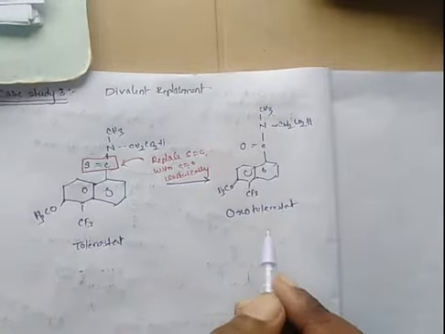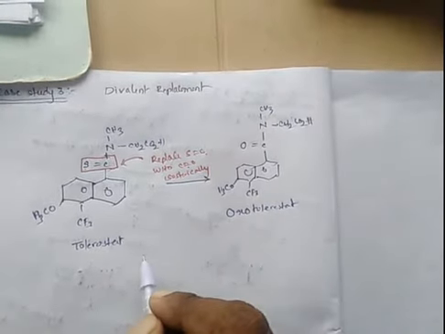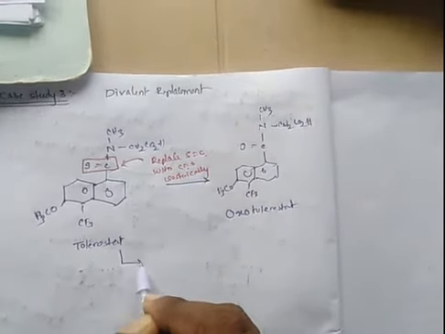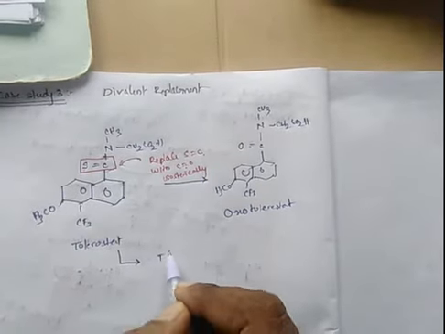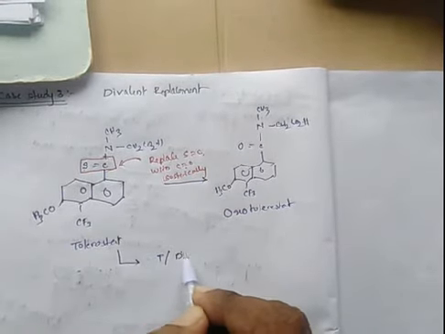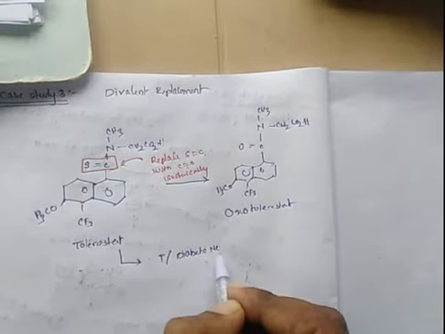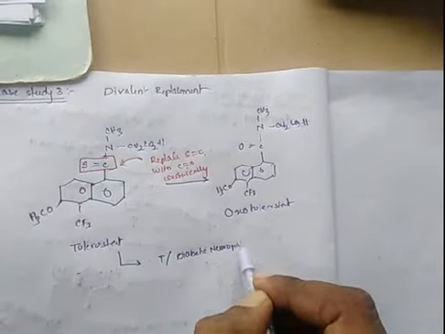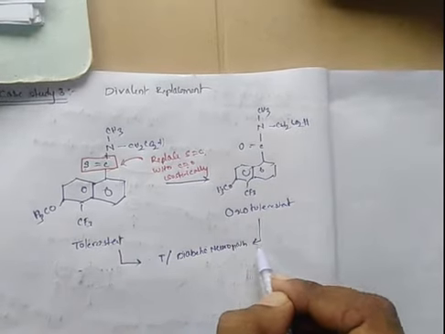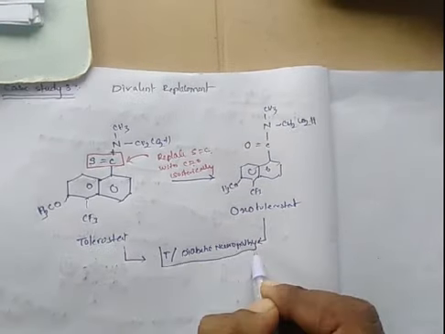Both tolrestat and its oxo-tolrestat derivative are used for treatment of diabetic neuropathy.